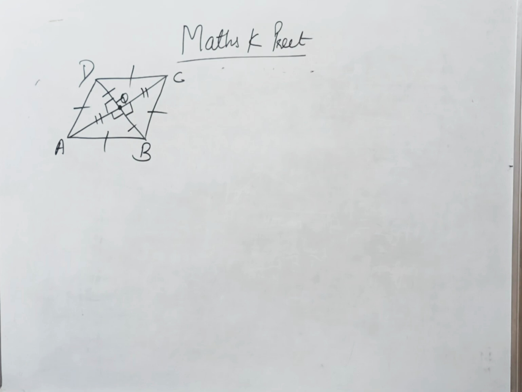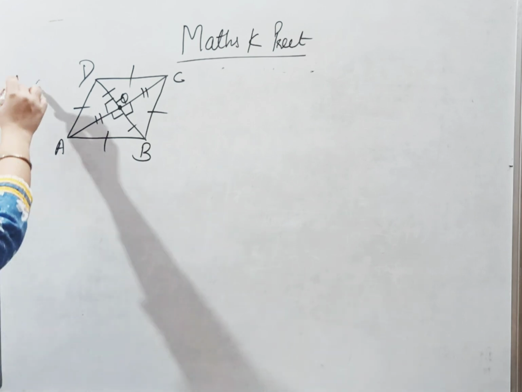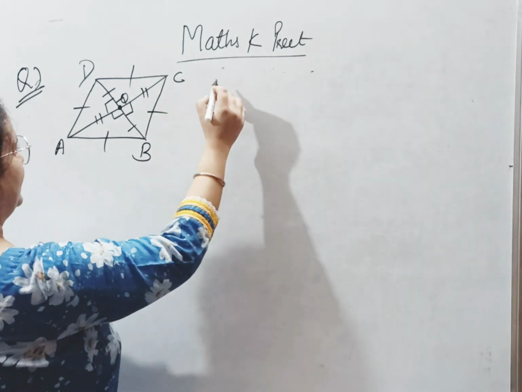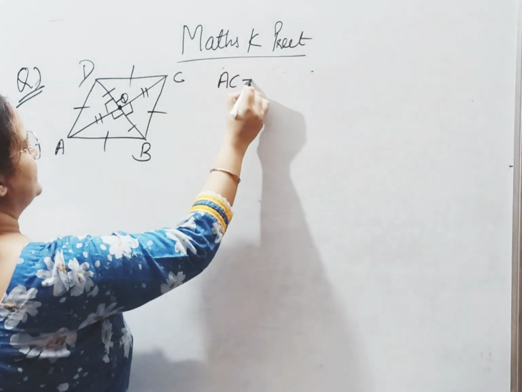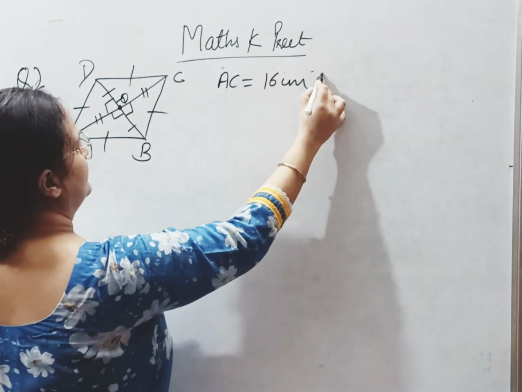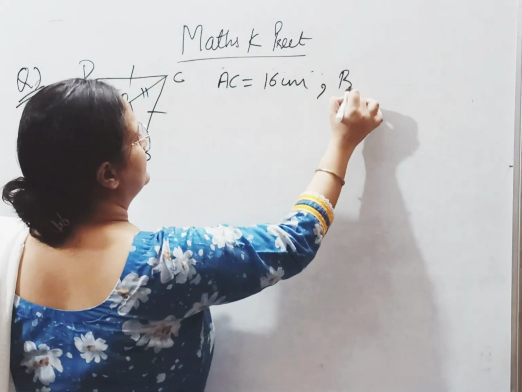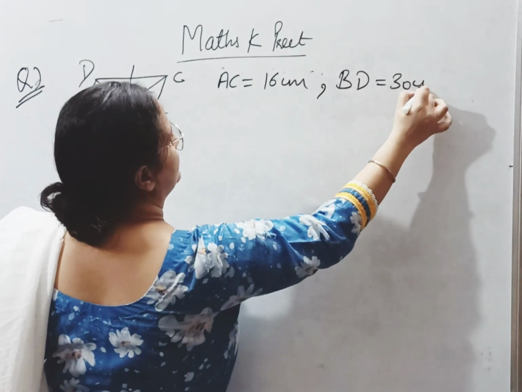So the question is, the diagonal of a rhombus measures 16 centimeter and 30 centimeter. Find its perimeter. Two diagonals are given, 16 centimeter and 30 centimeter. So I am writing here like AC is given 16 centimeter and BD is 30 centimeter.